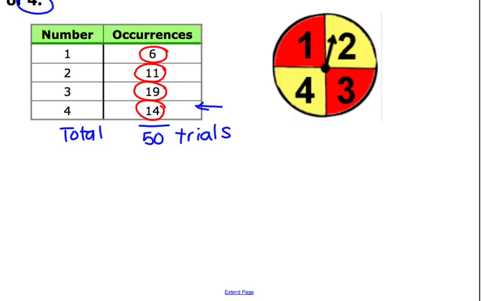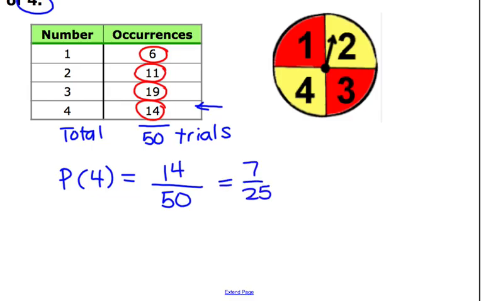There was 14 of them. So the probability of a 4 is how many times it occurred, 14, out of the total trials. So you have a 14 out of 50, which we like to reduce it down to 7 out of 25, or 0.28, or 28%.